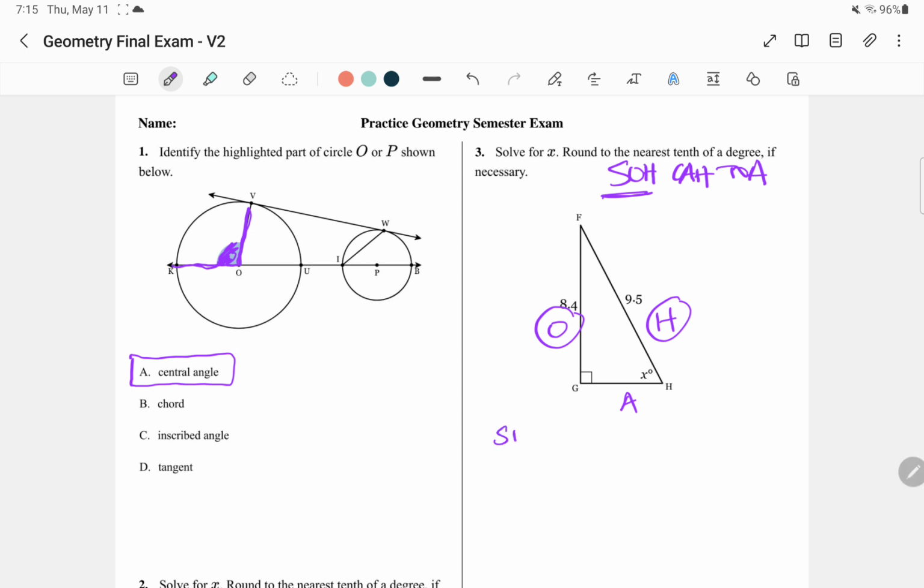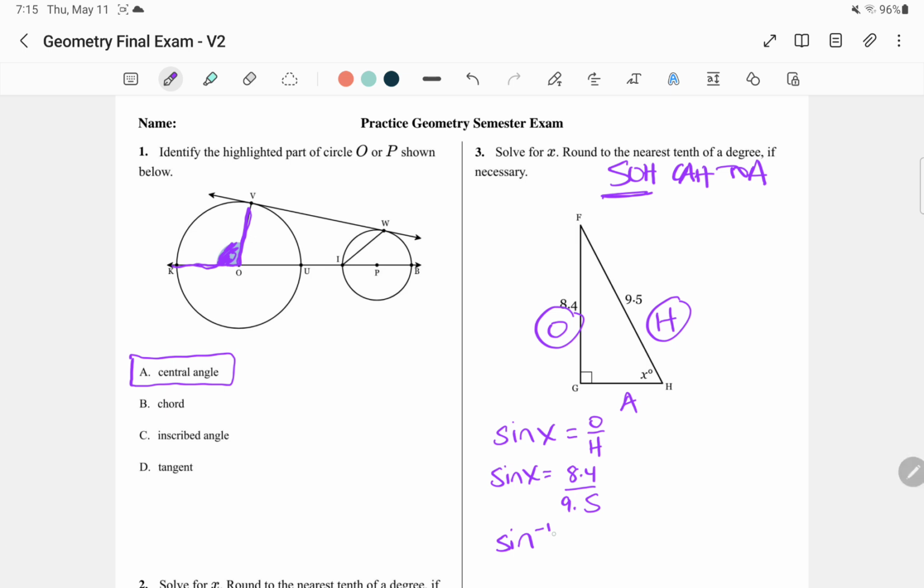So we're going to write sine of x is equal to O over H. And then sine of x is equal to 8.4 over 9.5. Then we're going to switch it. That's why we're using the inverse, because to find our angle, we have to use the inverse. We have to switch places.